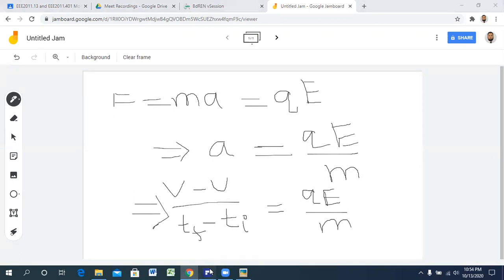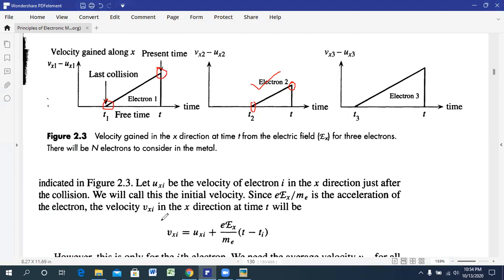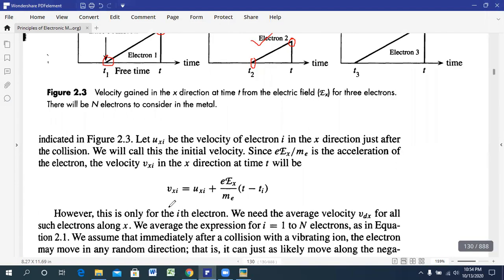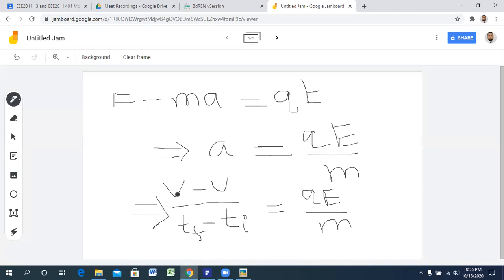Now, if we look at the book, then we will find Vxi equals to Uxi plus E of x divided by M, t minus Ti. So again look, if this one is the Vxi, if we cross multiply these things, then what will happen?